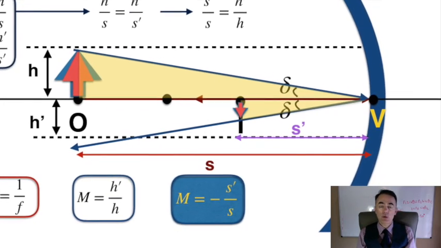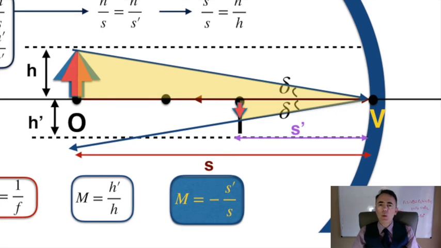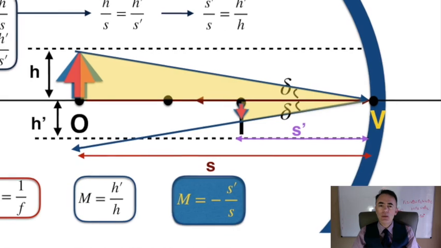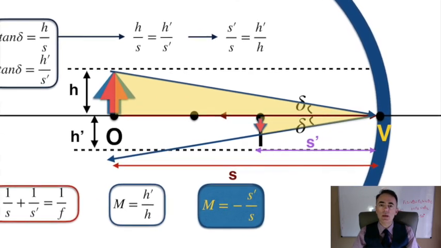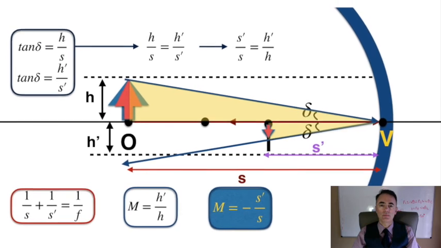This is very convenient because we can calculate the magnification of a mirror just by the characteristics of the mirror, not needing to take any measurement.